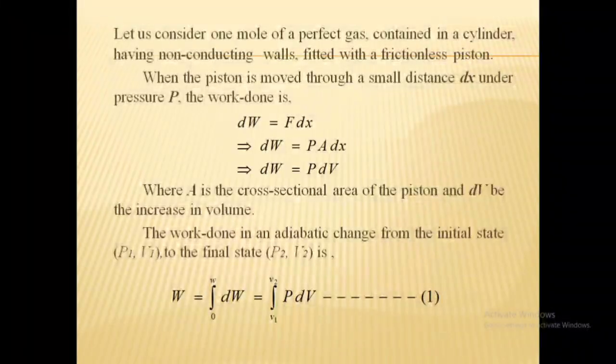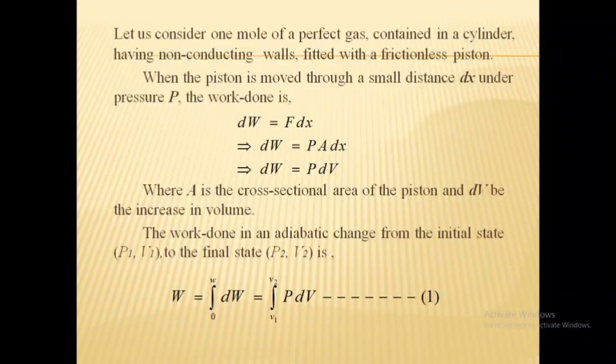In case of force, we can write pressure into area. That implies dW equal to P dV, because area into displacement, A into dx, equals dV. Here A is the cross-sectional area of the piston and dV is the increase in volume of the cylinder, or we can say the increase in volume of the gas.